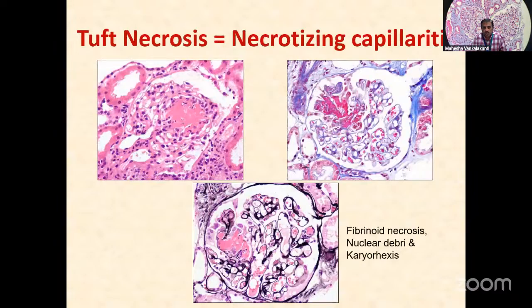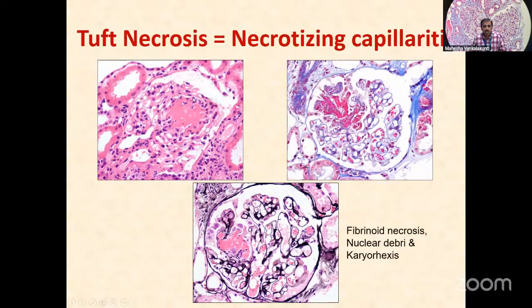So what is vasculitis? Vasculitis is basically the capillary walls that are being destroyed by the inflammatory cells, and in the sequelae there is a fibrinoid change of the destructed material.